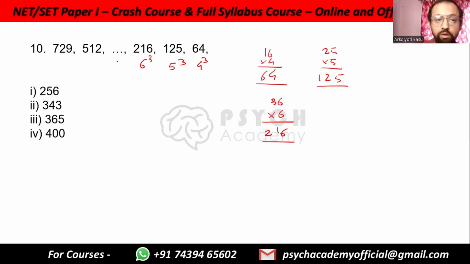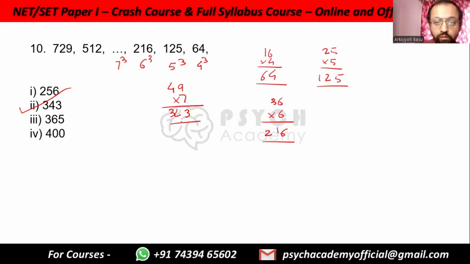So if this is 6 cube, 7 cube would be 49 into 7. Now even before doing the sum, you can already understand 7 into 9 is 63, right? So at the end it has to have a 3. So by logic I'll just tick mark this, only option with 3, then I'll verify. 7 9s are 63, 3 carry 6, 7 4s are 28 and 6, 34.